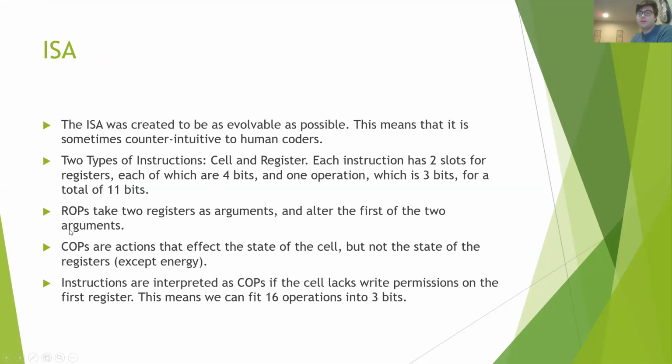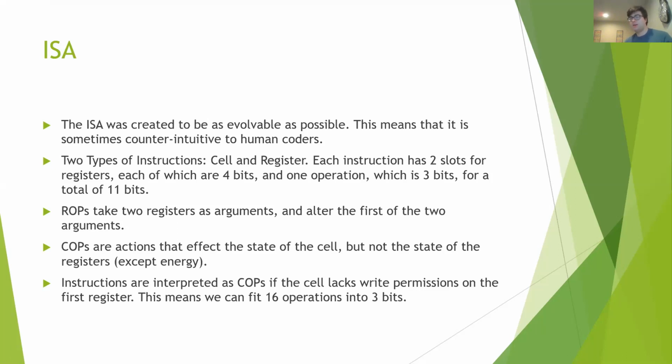The ISA, or instruction set architecture, for those of you who might not know, is what you might call an evolvable ISA, an evolvable instruction set architecture, which was inspired by Adam Ierymenko, from a talk that he gave, which I'll credit to Gray Thumb.